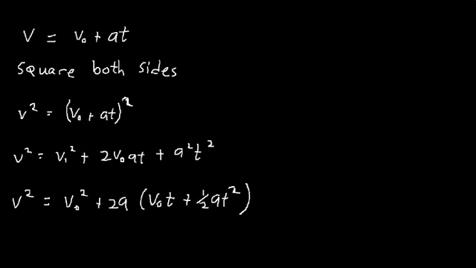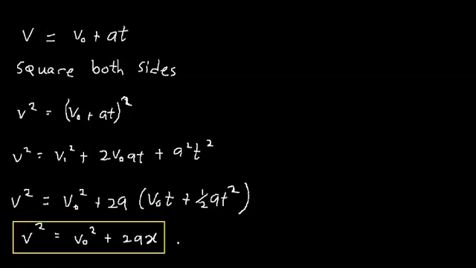So that means we can substitute that into this expression, and we get v square equals v naught square plus 2ax. This is our third equation of motion, which shows the relationship between the instantaneous velocity, the initial velocity, the acceleration, and the displacement of the particle.